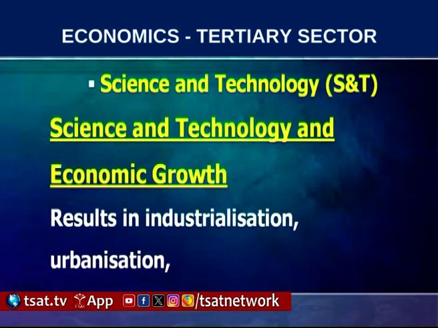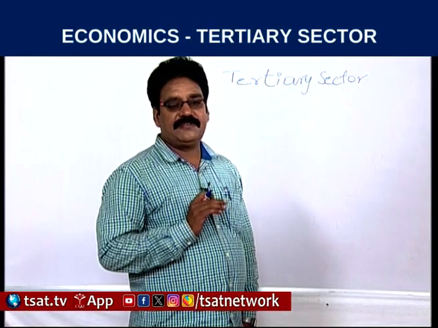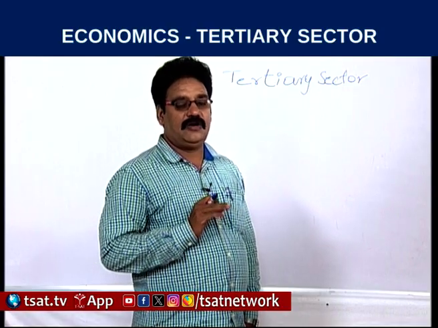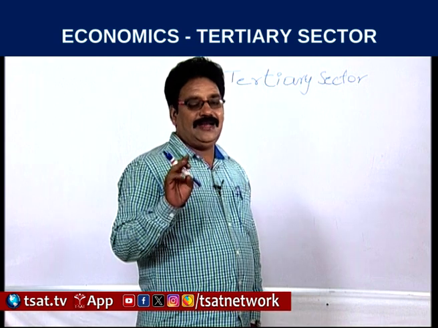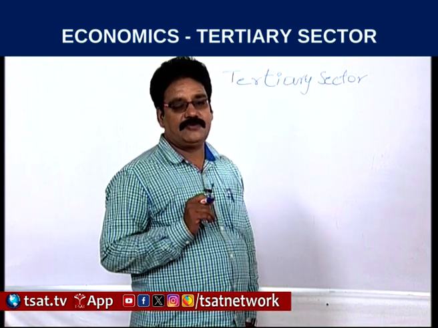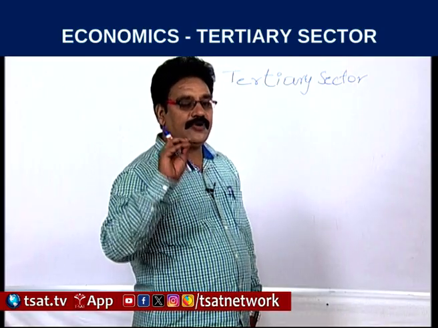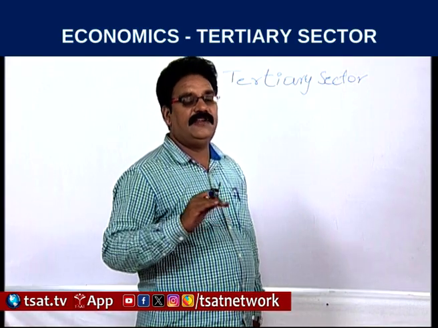What are the main benefits of science and technology? It increases the productivity of the factors of production. Our factors of production, land, labor, capital and organization, these four are called factors of production. With the help of science and technology only, the productivity of these factors will increase.